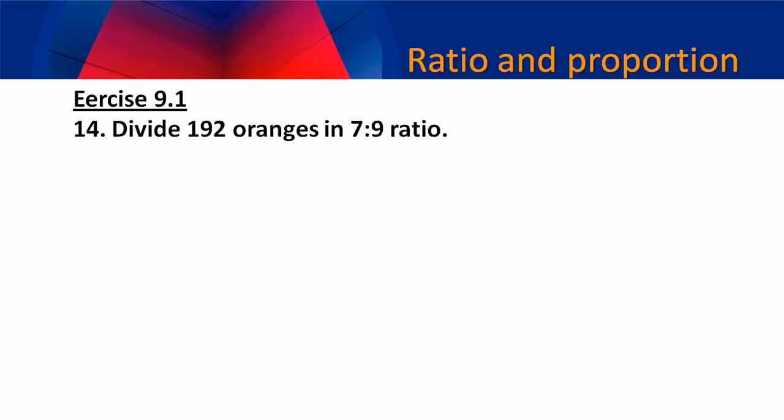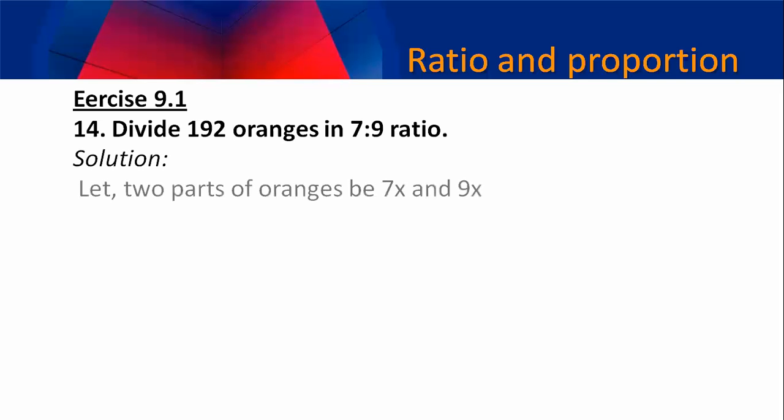It's a simple question. You did this question in 7th class as well as in 8th class. In its solution, at first let the two parts of oranges be 7x and 9x. Now, according to the question, the total number of oranges is 192.